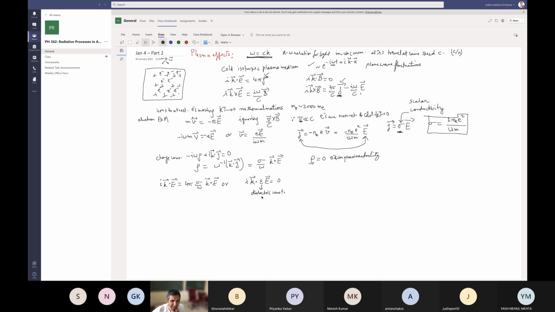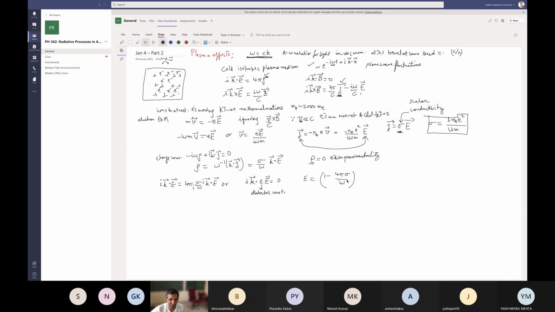Now we can compare to find epsilon. Epsilon is equal to 1 minus 4 pi sigma by I omega. You can just see it from here: you divide and multiply by I, and you take I K dot E on the left hand side.